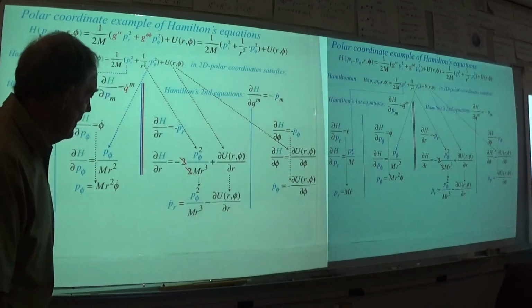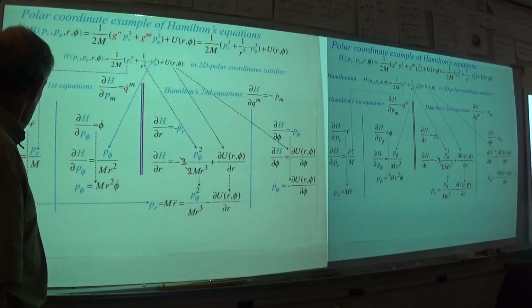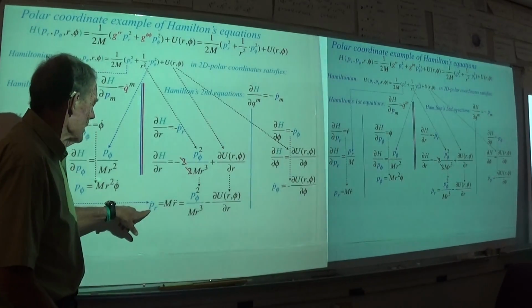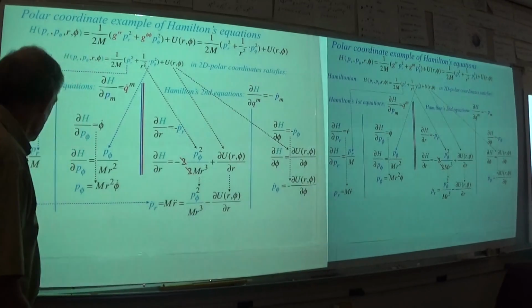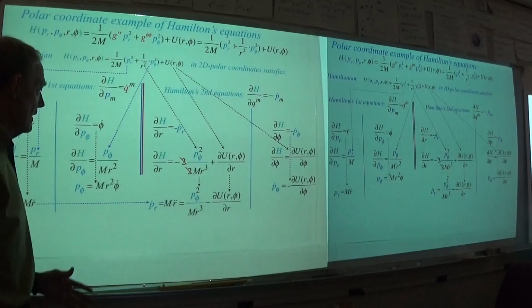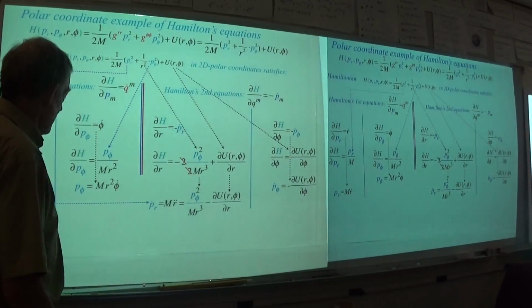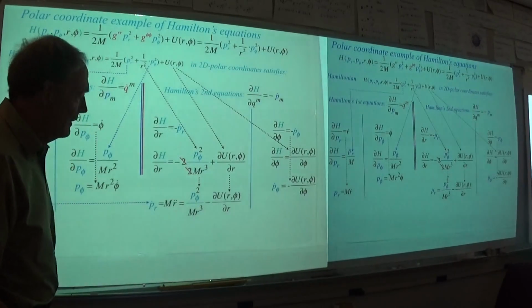So what we have to do is an end run around this thing. We say we've got p r equal m r dot. That means if I take the time derivative of that, and the mass doesn't change, that goes without saying, I get a p dot r here equal to m r double dot. So I can immediately set that, just because I have this one right here already in that form.